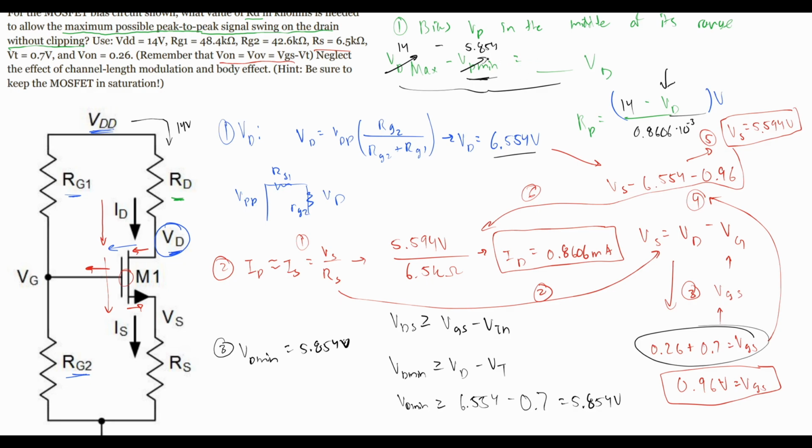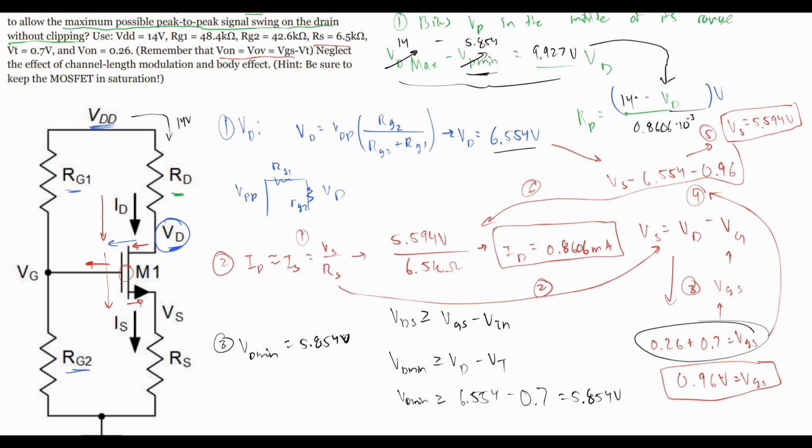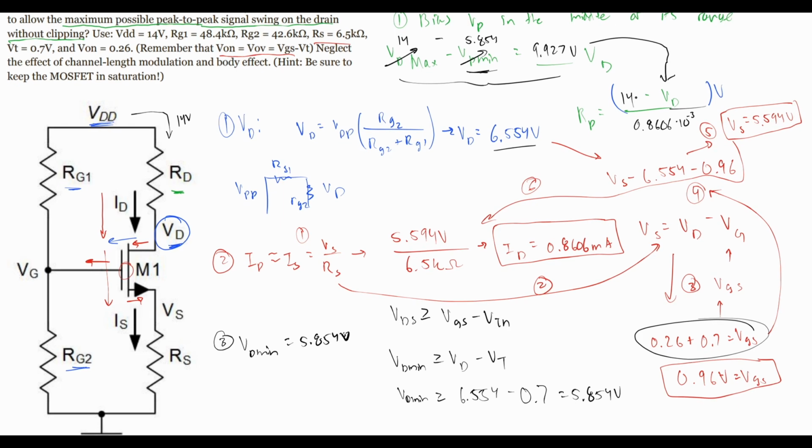Now we'll take this subtraction right here, because the subtraction is, if we want to bias VD in the middle of its range, we would do this. We are going to get the 9.927 volts here, and then we are going to plug that straight into here. So we have 14 minus 9.927 volts, and this is over 0.8606 times 10 to the negative 3, which is the milliamps part.